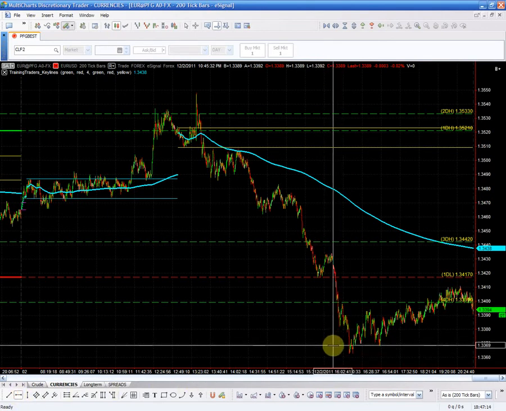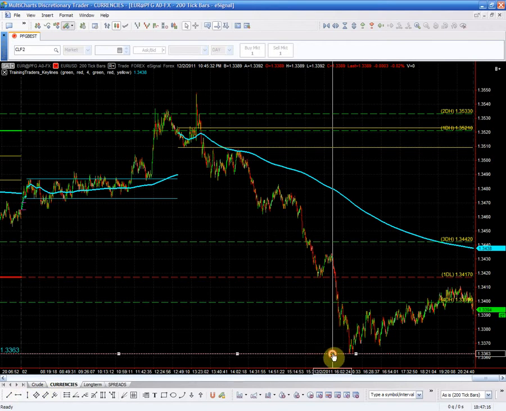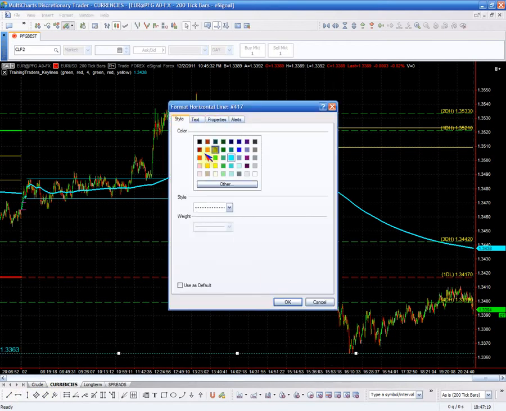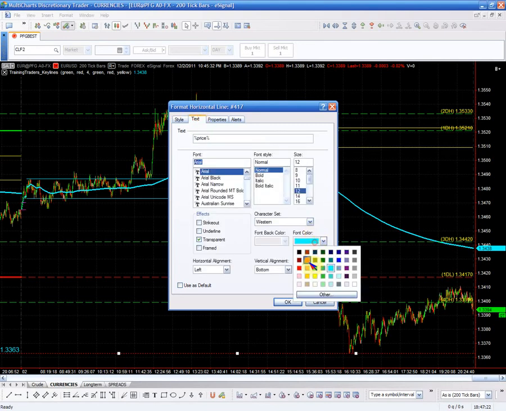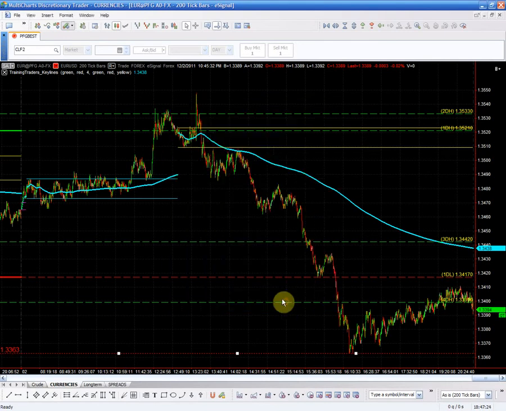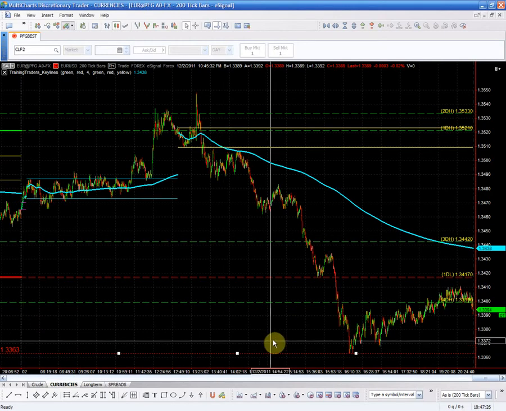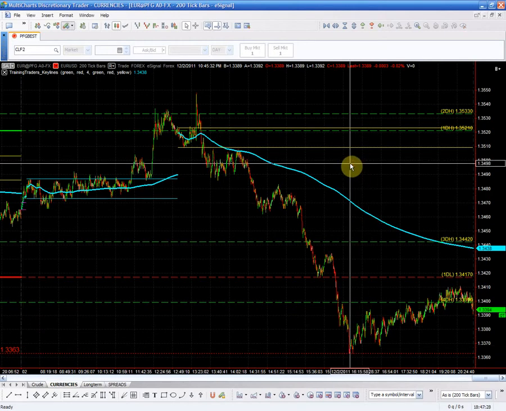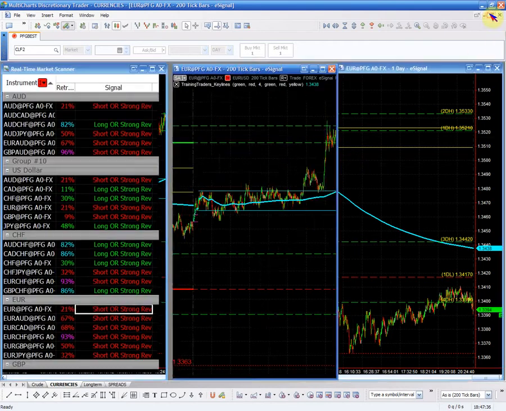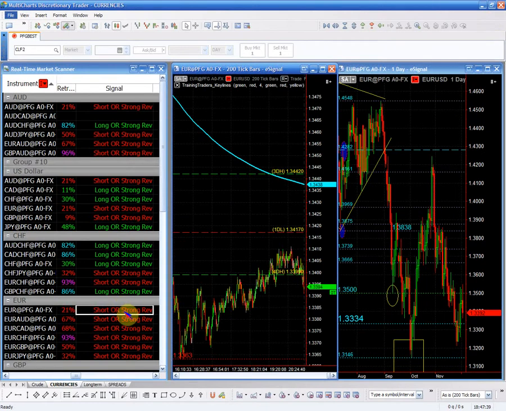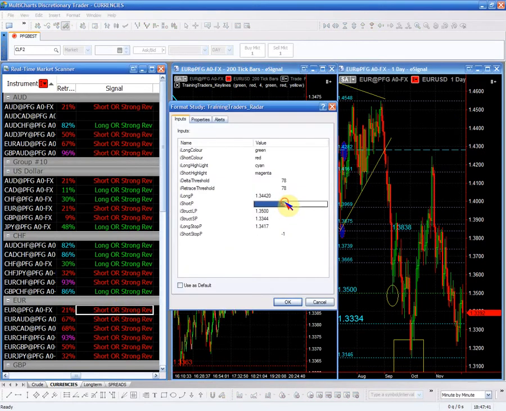So below this low, this is our short point. The low of the day is 133.63. That is our short point.